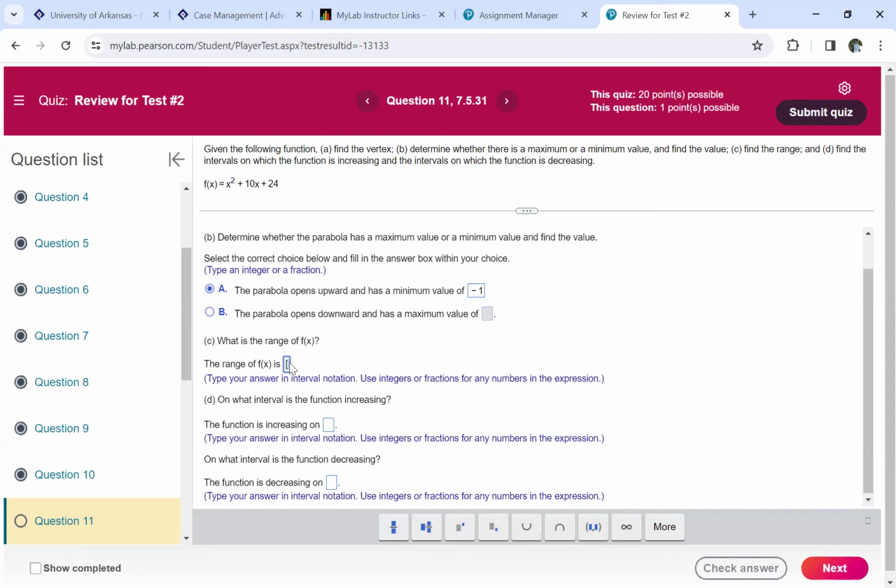So a bracket around the number, and put in that -1, because -1 was the smallest y value, and then comma, opening upwards goes towards infinity. And then close that with a parenthesis. Just remember, the range has to have brackets around the number and then parentheses around that infinity.